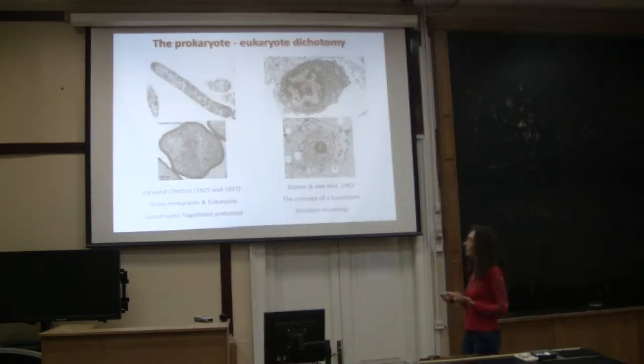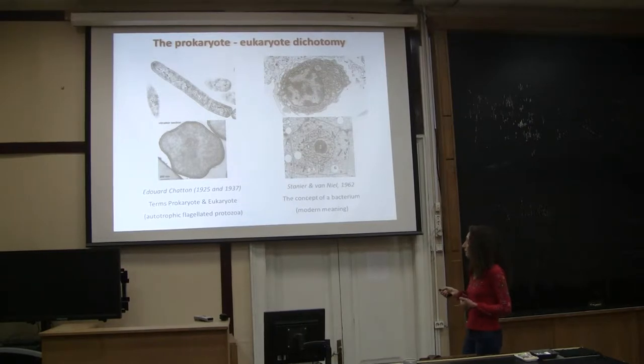The term eukaryote was introduced by Chatton in the early 20s, but the modern meaning of prokaryote and eukaryote was really due to Stanier and van Niel in the 60s.